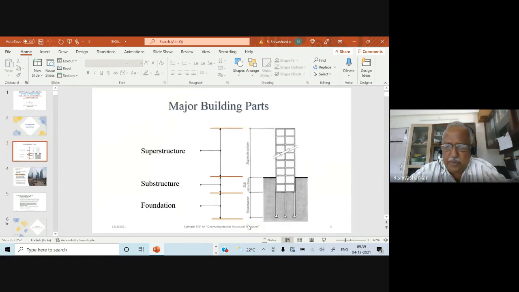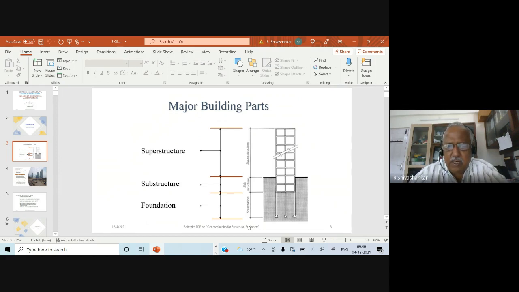So the superstructure is seen above the ground, appreciated, and it looks beautiful. The substructure includes the basements and foundations, so it's all buried, not seen.